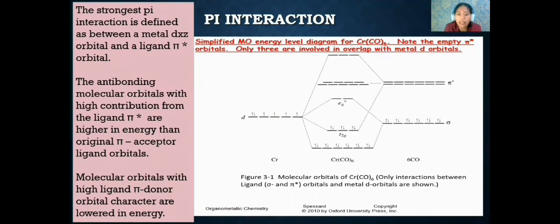So you have here the simplified molecular energy level diagram for hexacarbonyl chromium. Note the empty pi star orbitals at the top, and only three are involved in the overlap with metal d orbitals. So we have here the t2g, the three orbitals involved in our overlapping.